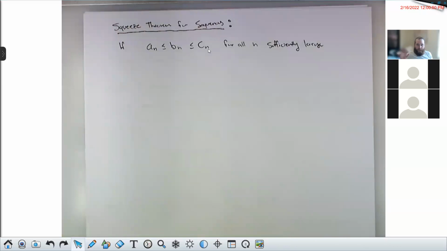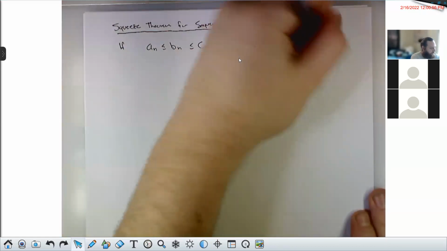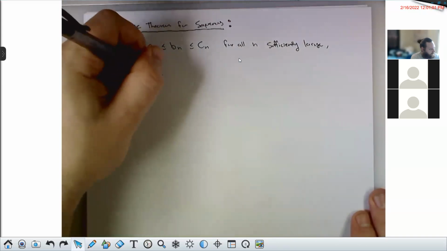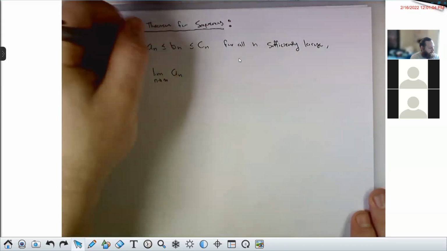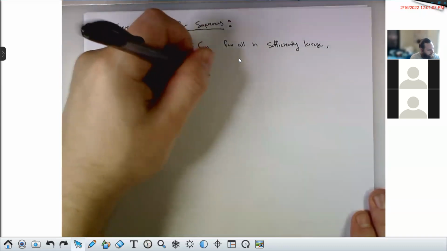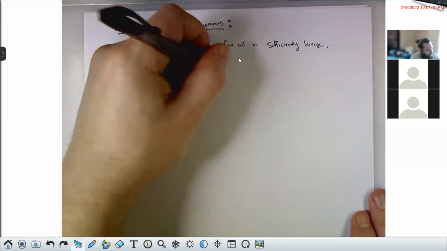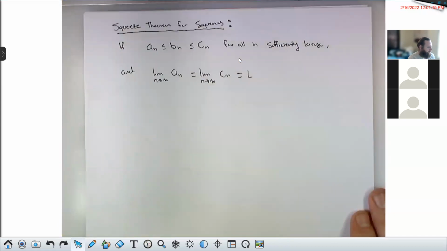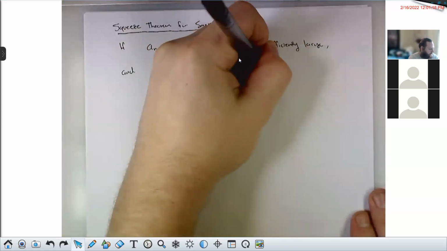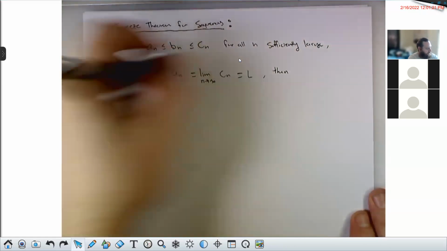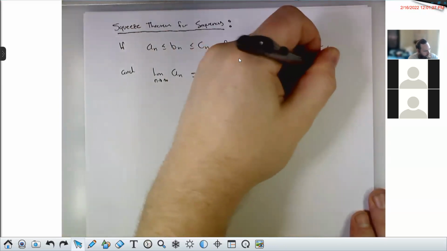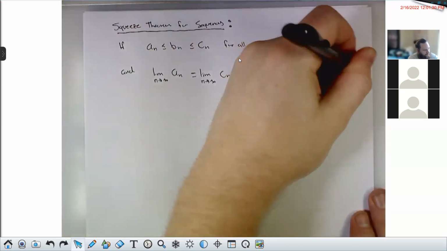Meaning eventually, past some point, this inequality is true and it stays true. And the limit as n goes to infinity of the lower bounding guy is equal to the limit as n goes to infinity of cn, the upper bounding guy. Say they're both equal to the number L. Then the limit of the guy in the middle must also be equal to L.